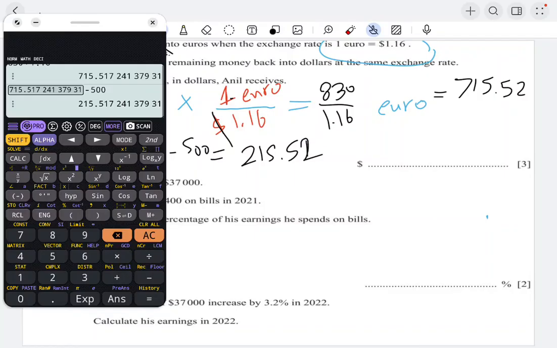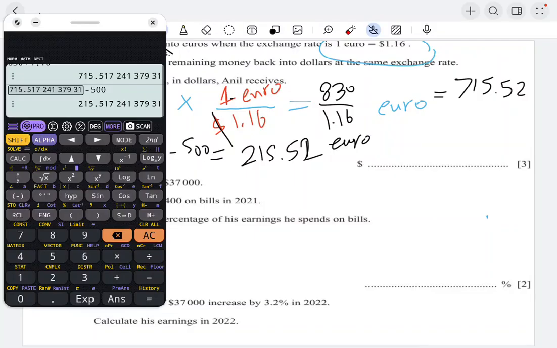Now I want this money back again. That's euros, don't forget, that's euros. Now I want this money back again to dollars.